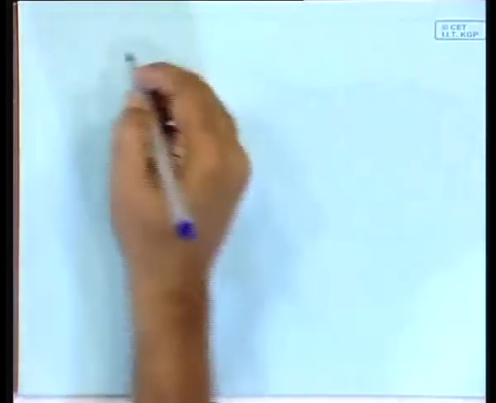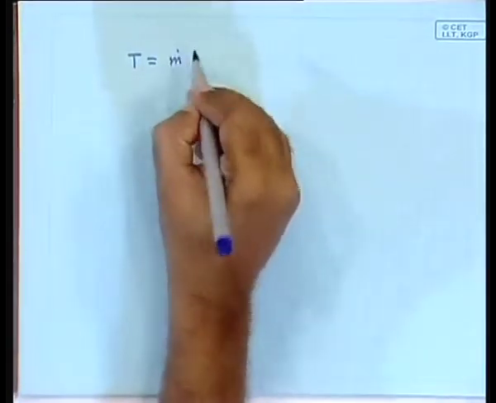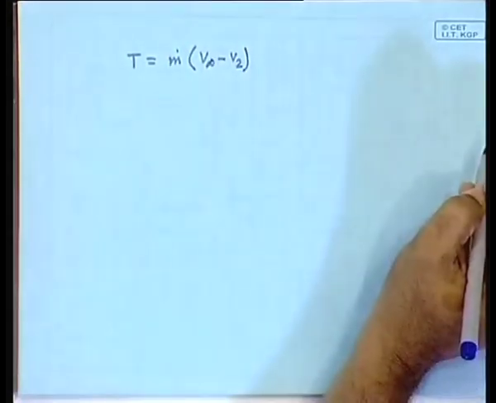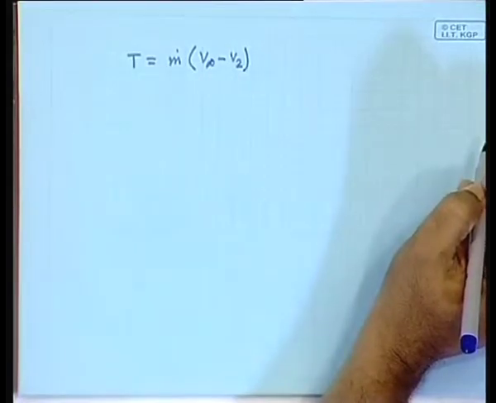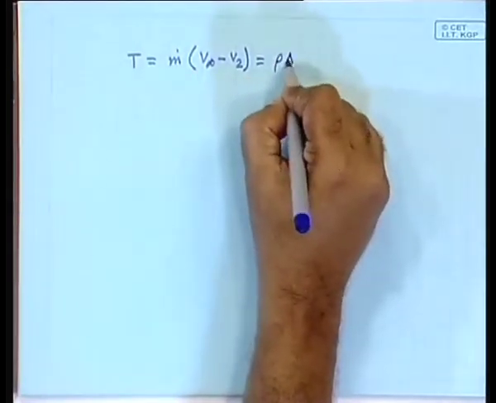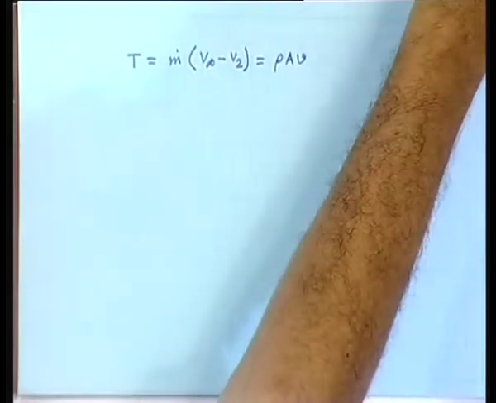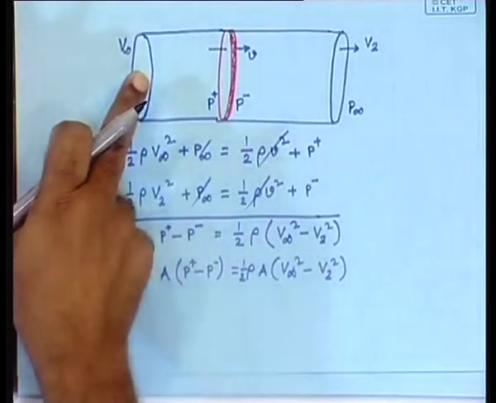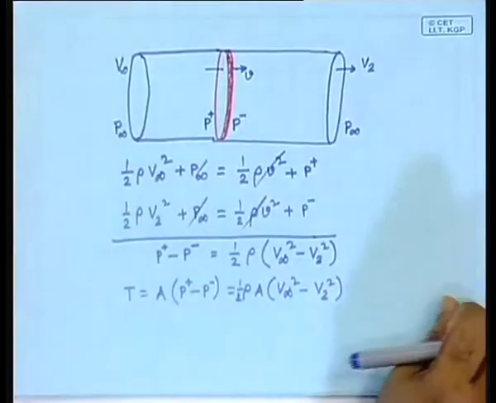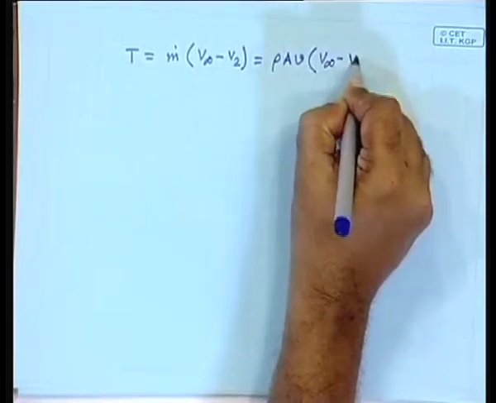The thrust can also be written as m dot times v infinity minus v2. Here m dot is rho A small v, that is the rate at which air is passing. What is the rate of flow? It is this, right. And so, you have rho A small v times v infinity minus v2.